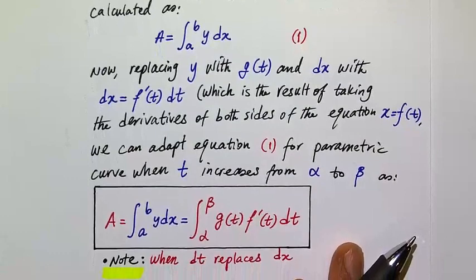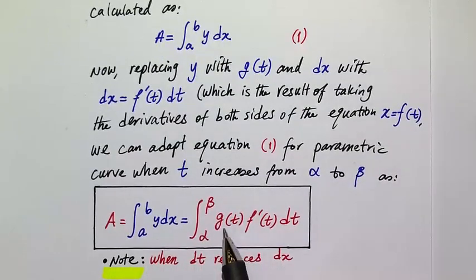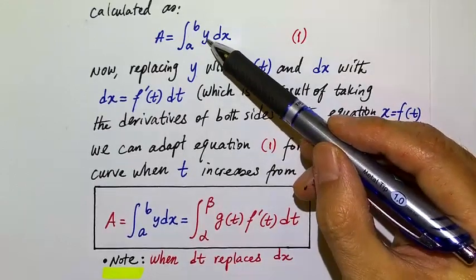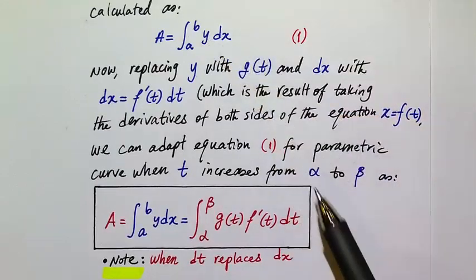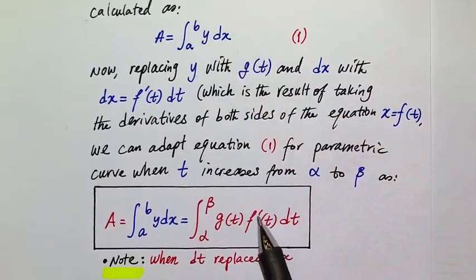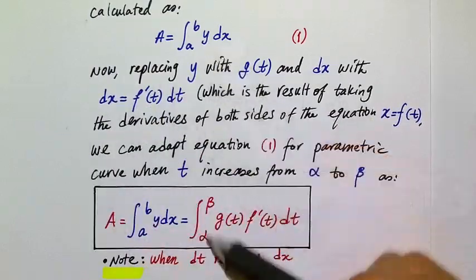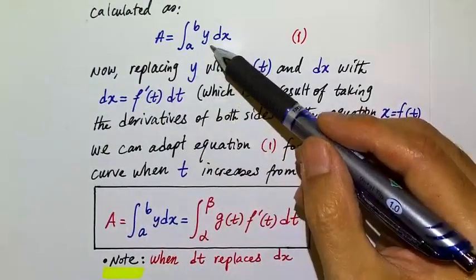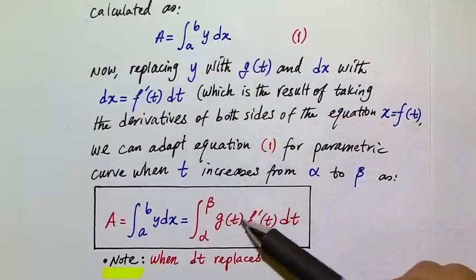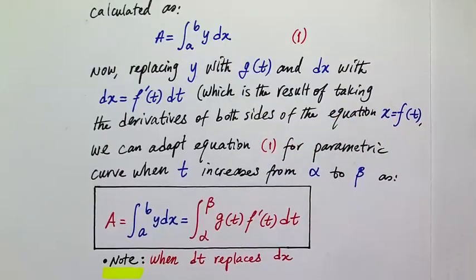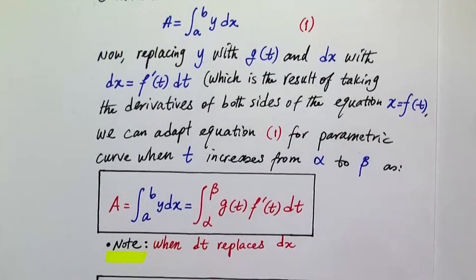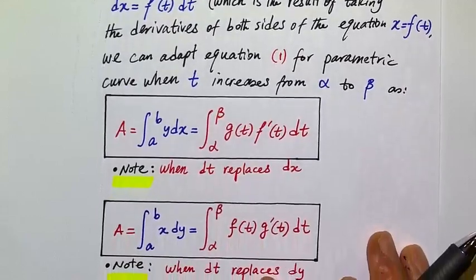Yes, you can see them on the screen. g of t, g as a function of t, replaced y, and dx was replaced with f prime of t dt. Okay, like that. So this paragraph is just explaining how this was adapted to parametric equations. That's all. Calculating area for parametric equations.